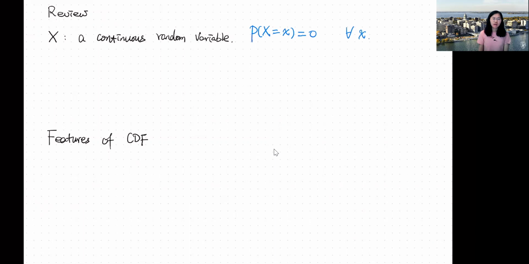That means we cannot use a probability mass function or a two-way table or a probability distribution table to describe the distribution of a continuous random variable.